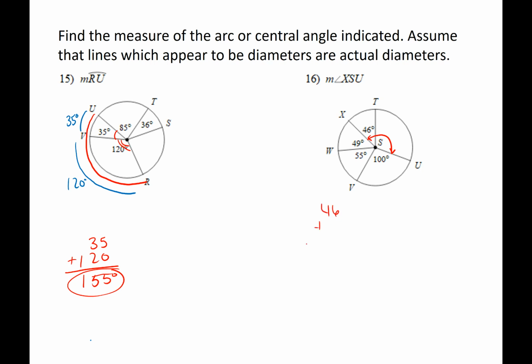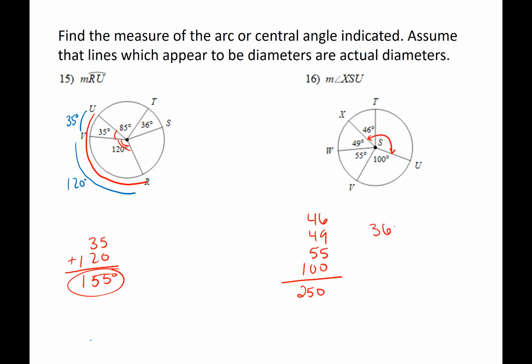So I could take all those angles, 46, 49, 55, 100, and add them all up, which I'm going to do on my calculator really quickly. Bear with me. 46 plus 49 plus 55 plus 100 equals 250.